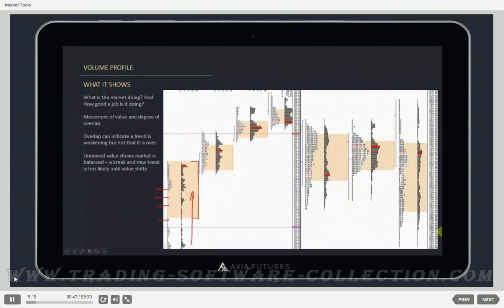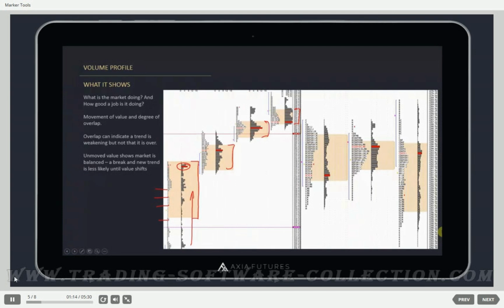So this is a good sign that prices are quite happy to be accepted at these higher areas. You have got the VPOC right at the high, which can be a sense of weakness. I'll explain that in a moment. And then we continue with value higher once again, and again, and again.